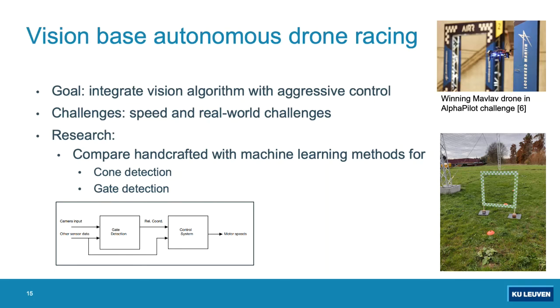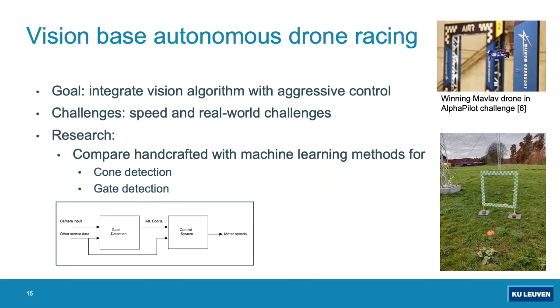The advantage of working with cones is that you can just fly over them and have no risk to bump into something. And then the next step is to do gate detection. From a research point of view, we're going to compare handcrafted methods with machine learning methods.